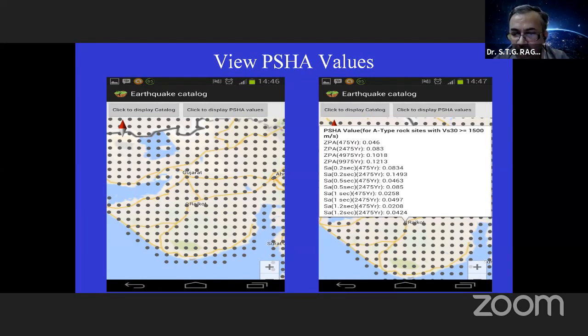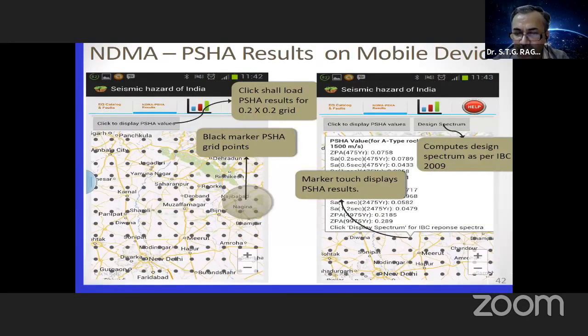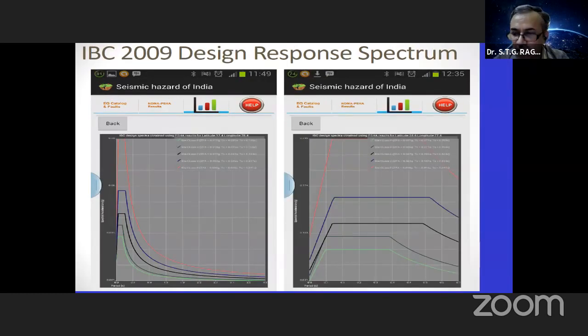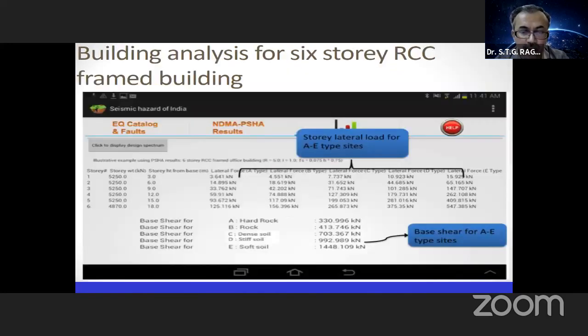You can check the designs with these values. You can get even the design spectrum also. Right now we have linked it to IBC by using our long period and short period coefficients, and you can get these spectra also. These are the response spectral accelerations for A-type site, B-type, C-type, the soil sites. All those things you can get from the app itself at any point in the country, in India.